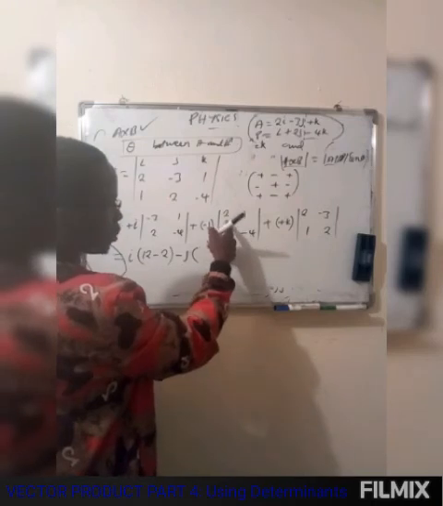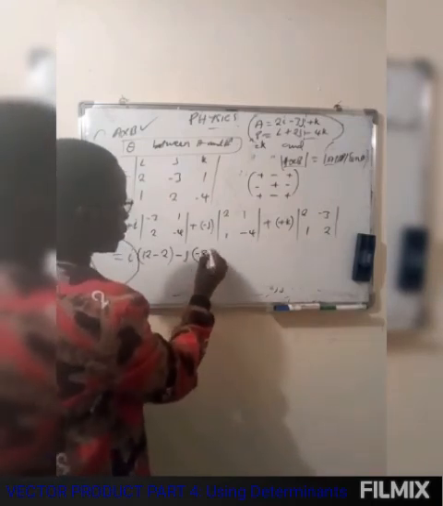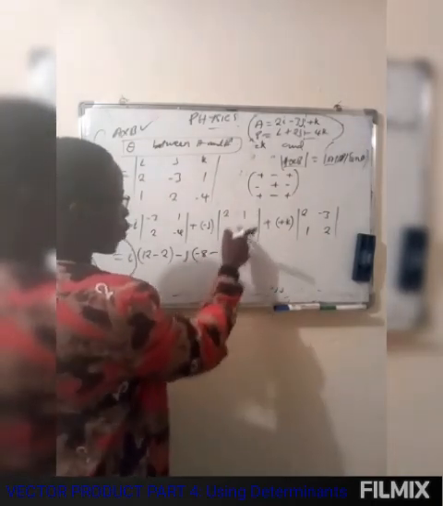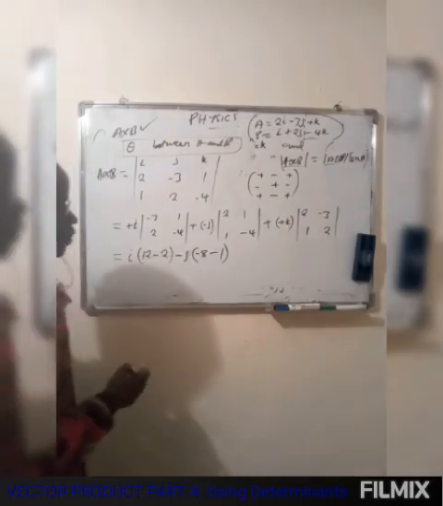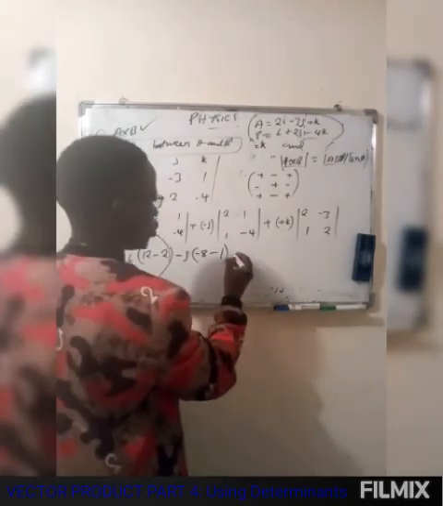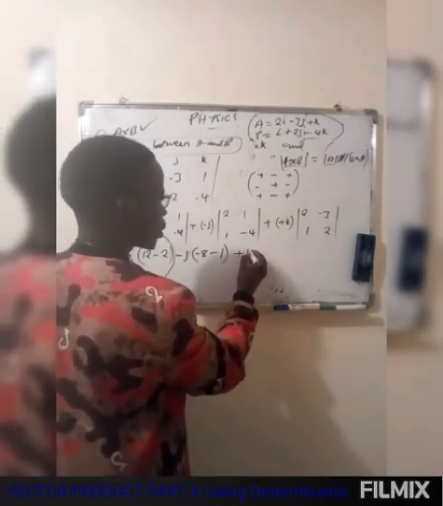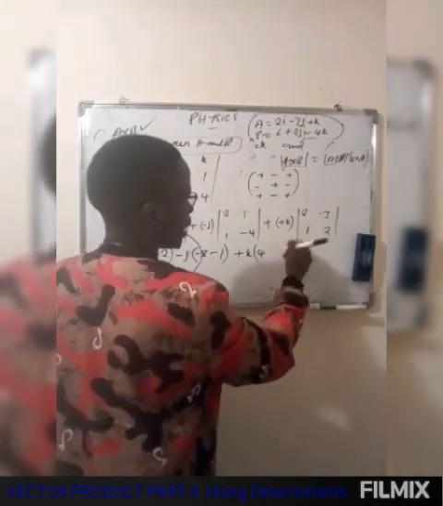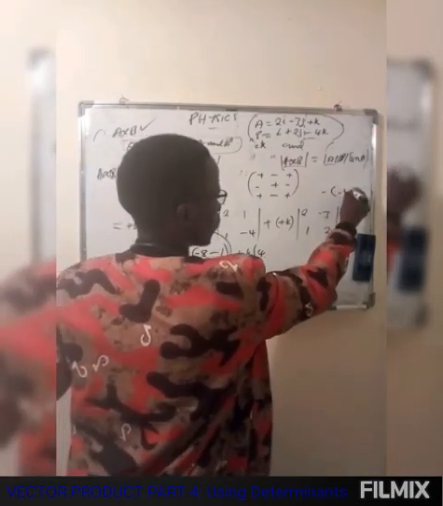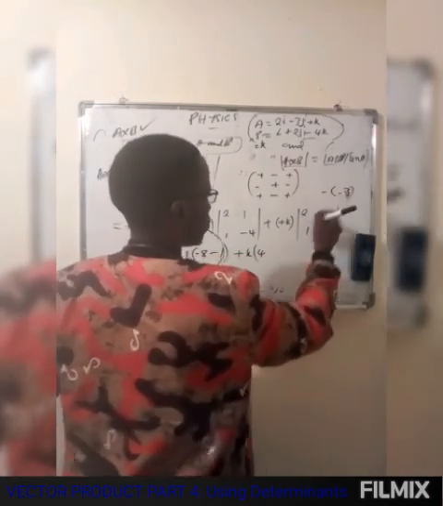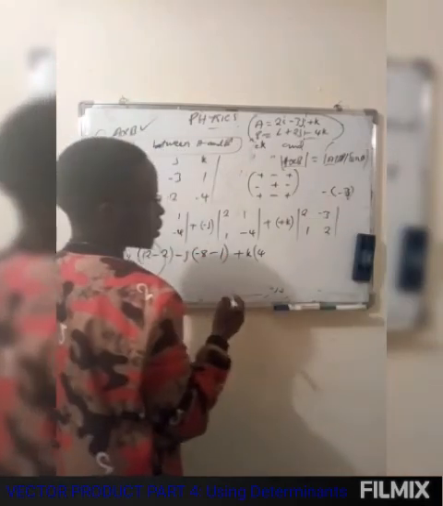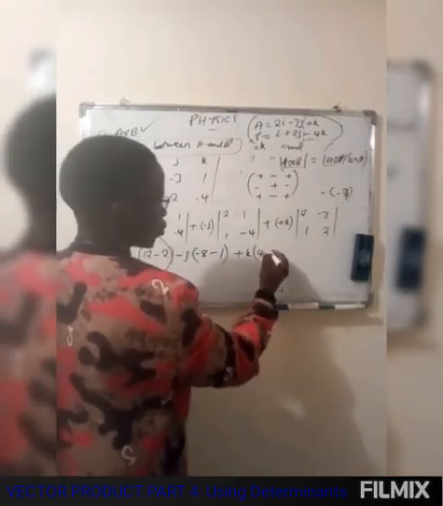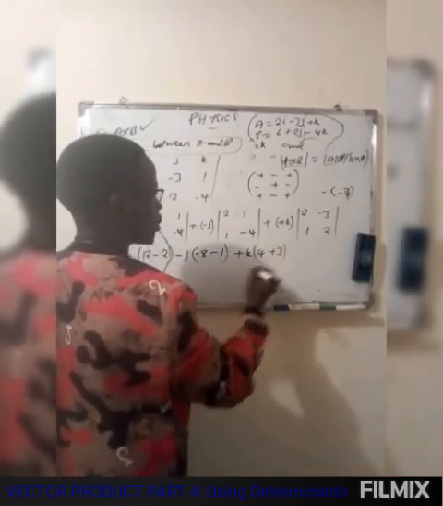And then this is negative 8 minus 1. All right. And then you have plus k. This is going to be 4 minus negative 3, so minus negative 3, that is going to be plus 3, like that.